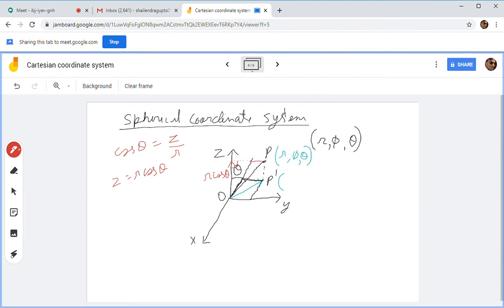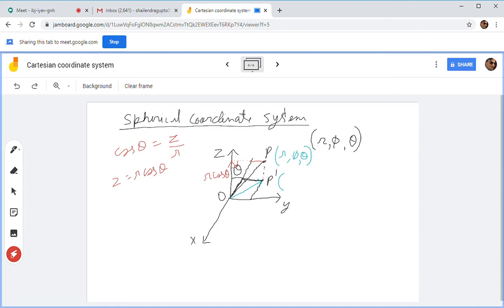So what will this OP dash be? This will be R sin theta.